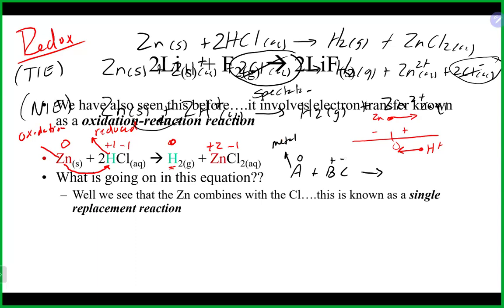Whenever you have that setup, this is going to be a single replacement reaction. The metal here doesn't have a charge, but when metals gain a charge, they become positively charged, so it will come in and kick out the positive guy here. It will make a new ionic compound, and whatever gets kicked out will end up by itself with no charge.